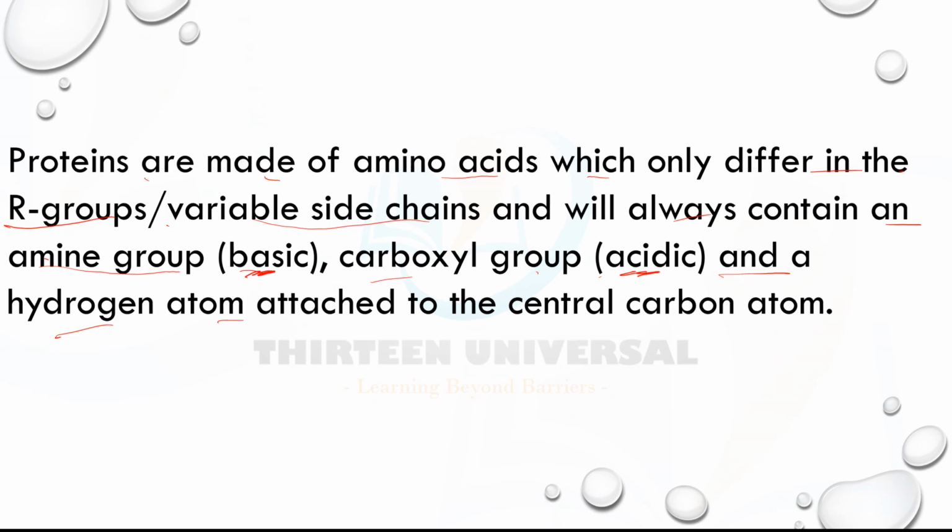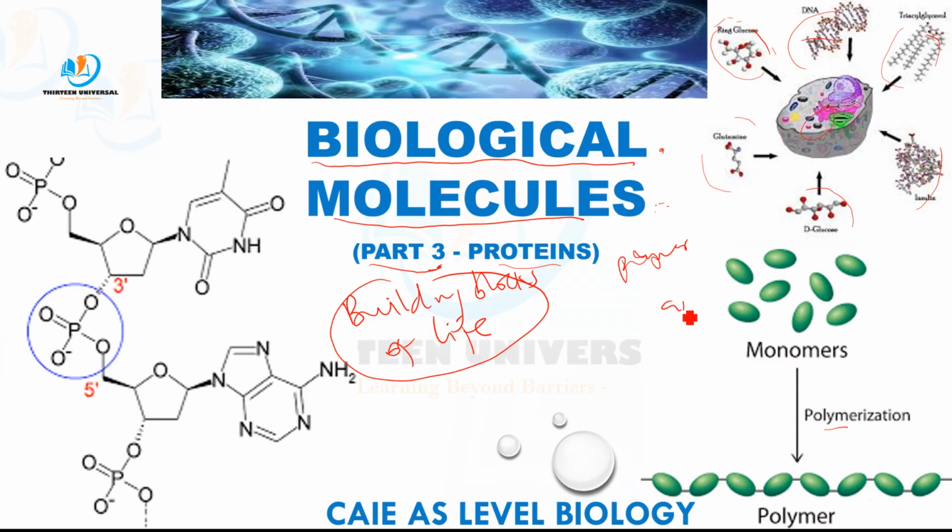Proteins are polymers of amino acids, so amino acids are the building blocks. Amino acids undergo polymerization to form protein. The bond between the amino acids is called a peptide bond. It links the amino acids.